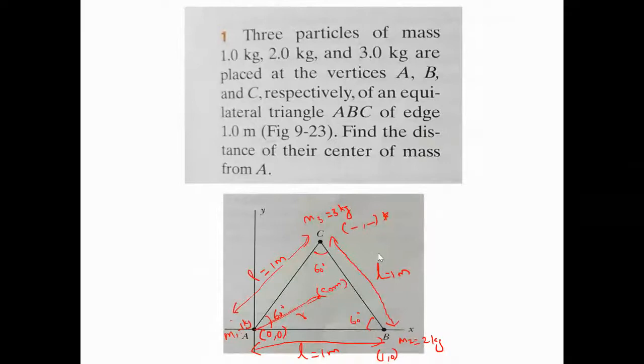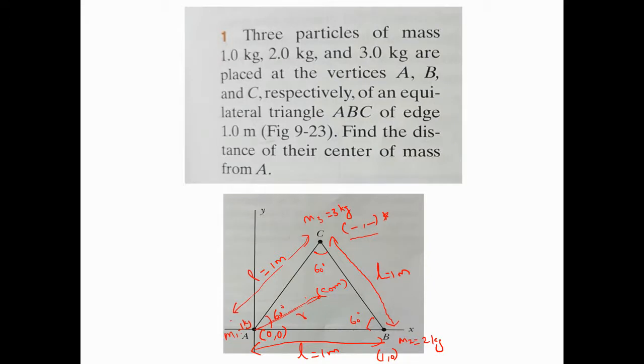So what I am going to do, I am going to find the center of mass first. If you want to find the center of mass, first of all you have to find the location of the third mass, and then you have to find the center of mass. Once you find the center of mass, you can easily find the distance from the point A to the center of mass.